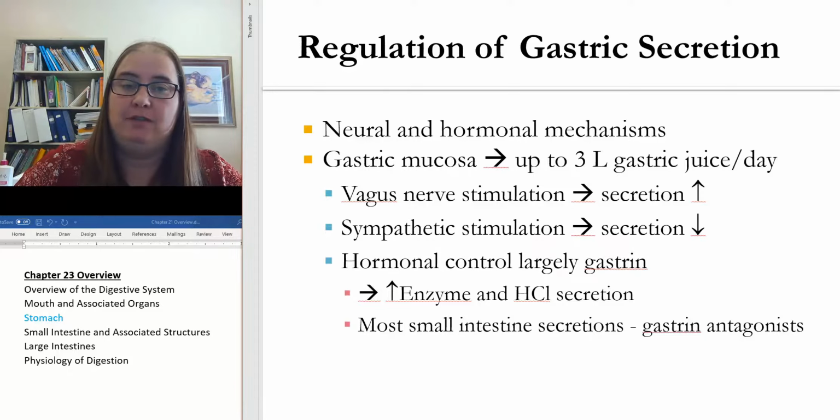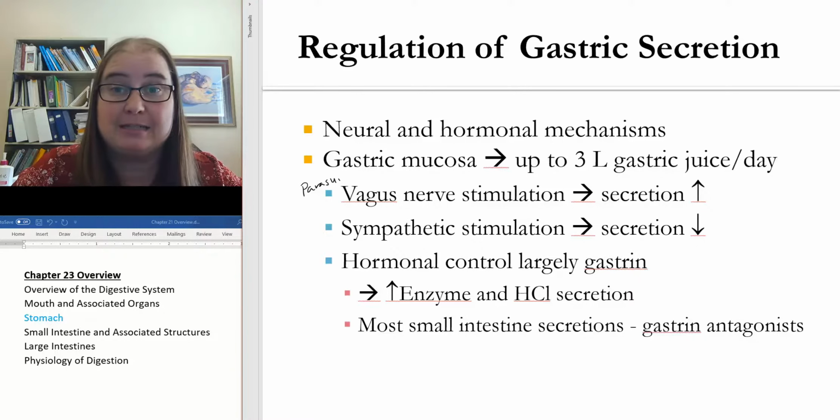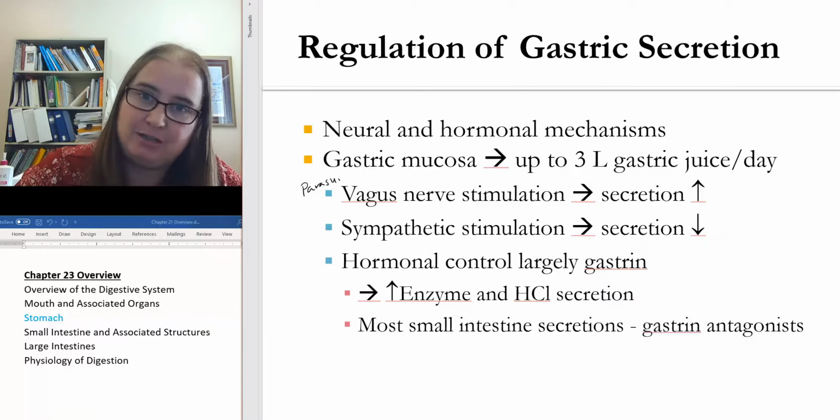Activation of the vagus nerve will increase secretion, right? If you think about that, this is parasympathetic, and we know that parasympathetic is often defined as our rest and digest, which tells us that if we activate the vagus, which means we activate the parasympathetic, we're going to digest, which means we're going to increase secretions.